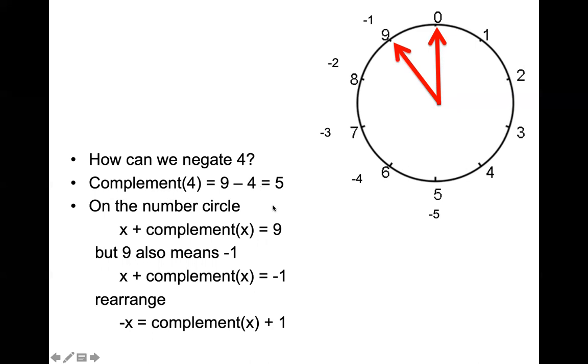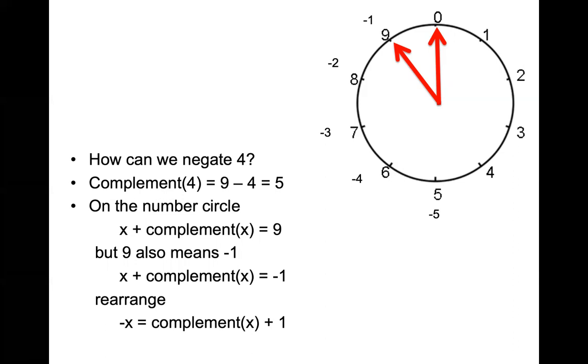And so on a number circle, we get 4 plus the complement of 4. 4 plus 5 is 9. But here's the thing. The position of the largest number on the number circle is always going to represent not only the largest number that could be represented if we're not doing negatives, but also minus 1 if we're using the 2's complement system. So 9 and minus 1 are synonyms in some sense. You can think, maybe that's an easy way to think about it.